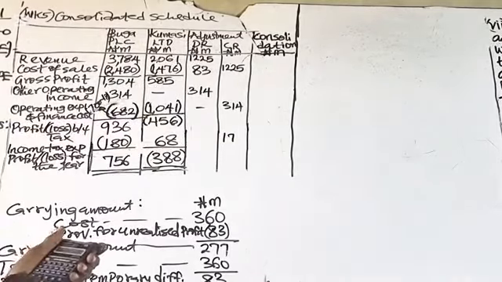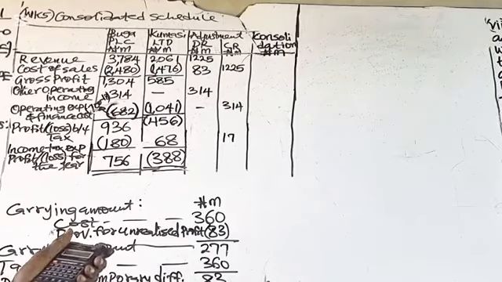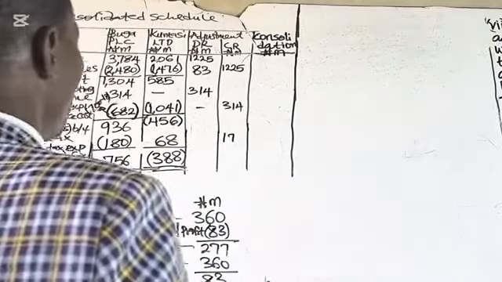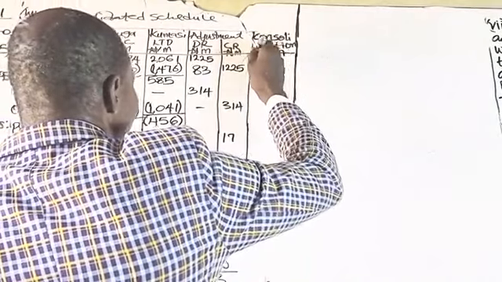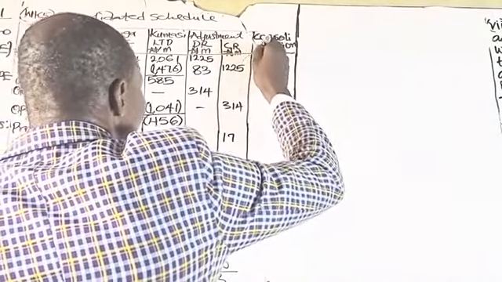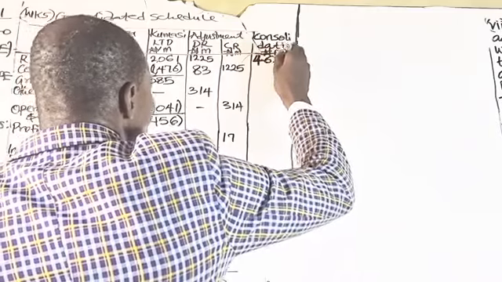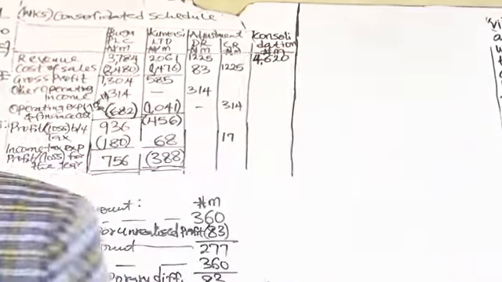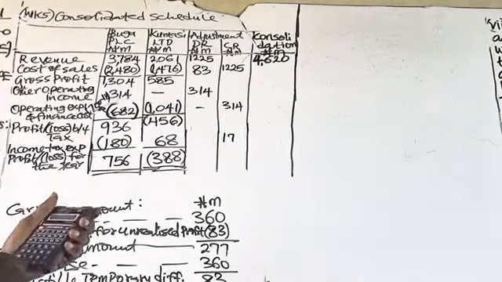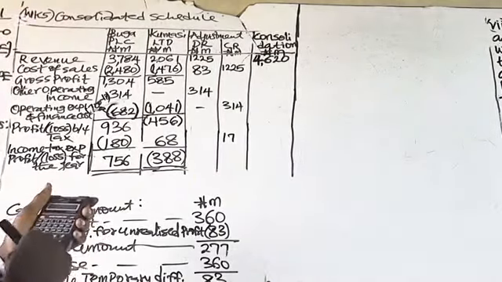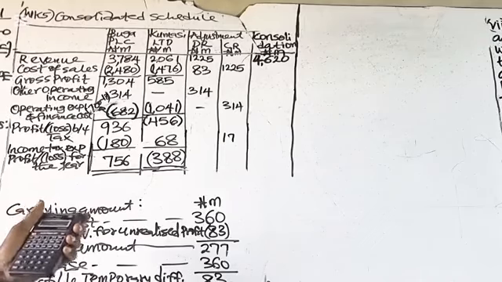So minus 1225. So you have 4620. So the consolidated revenue is 4620. Then cost of sales is an expense. And I've told you that the expenses will be having a debit balance.